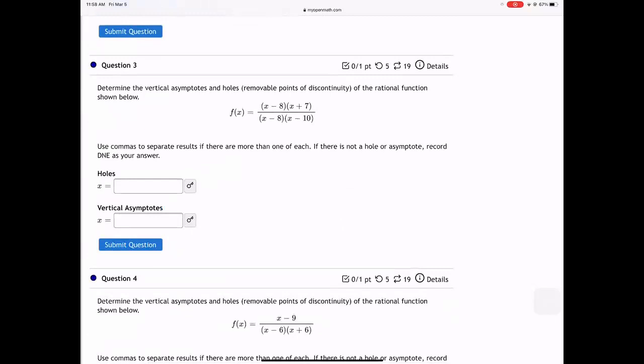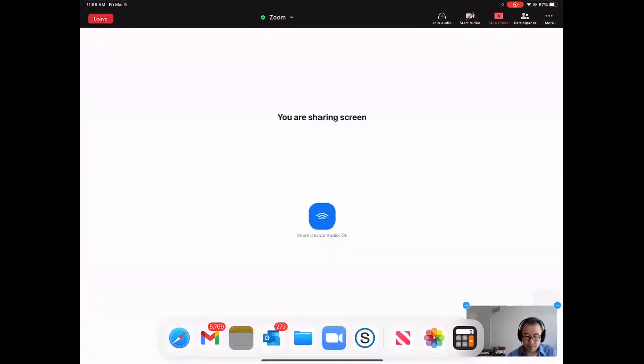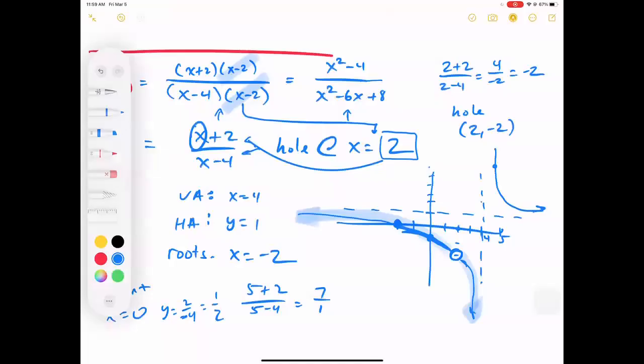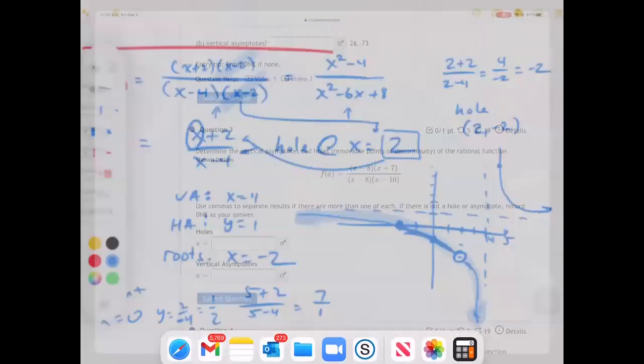Looking at this next problem, what divides out? Okay, what divides out?